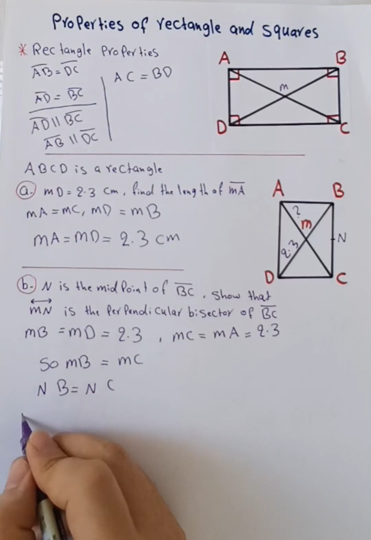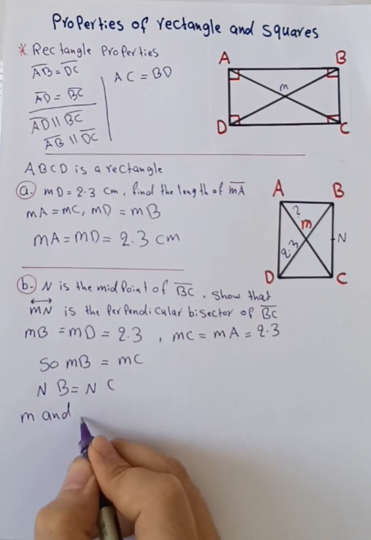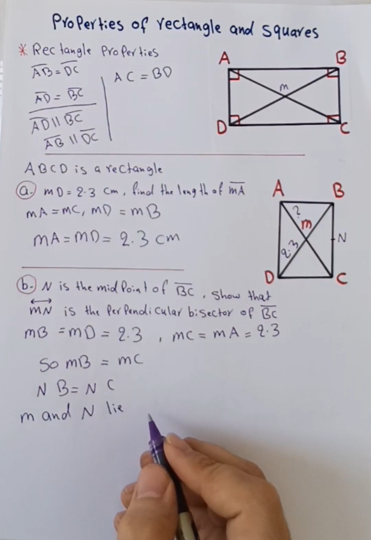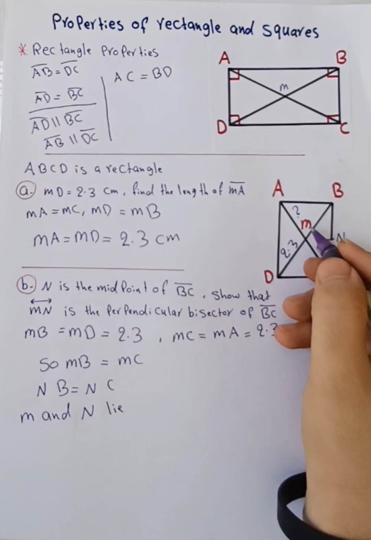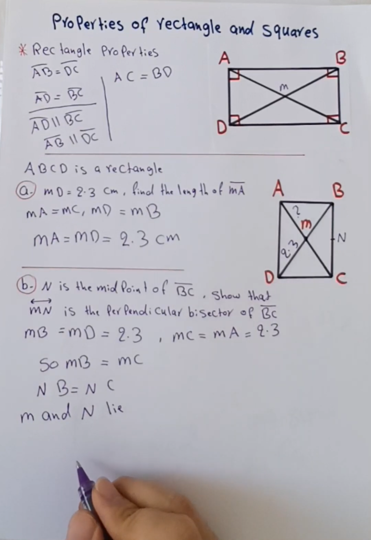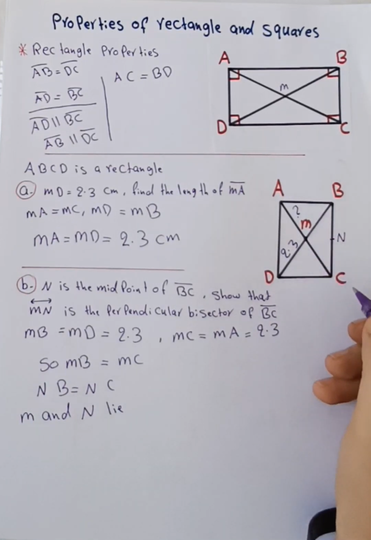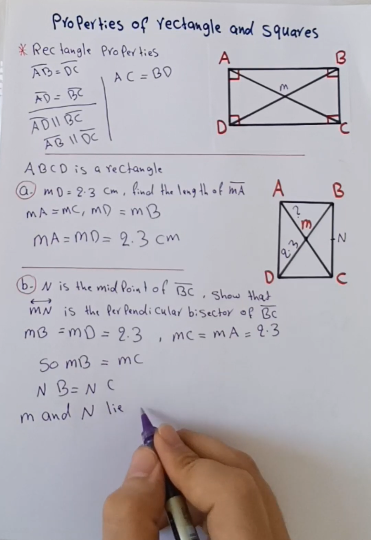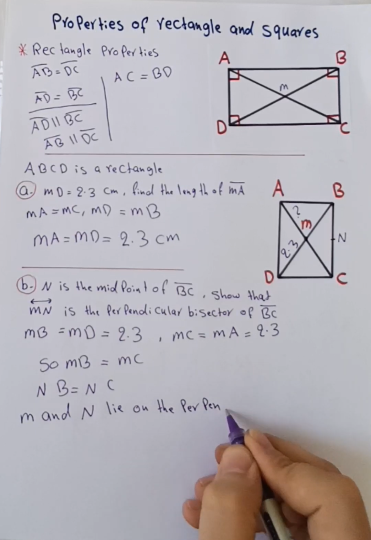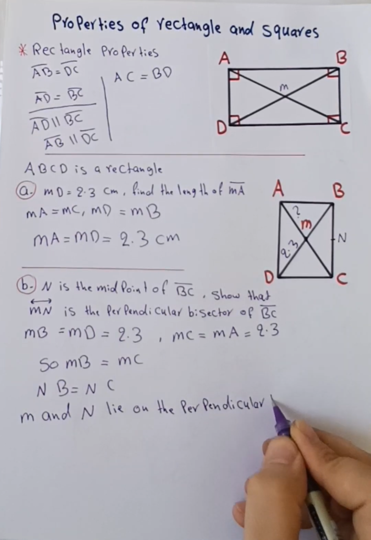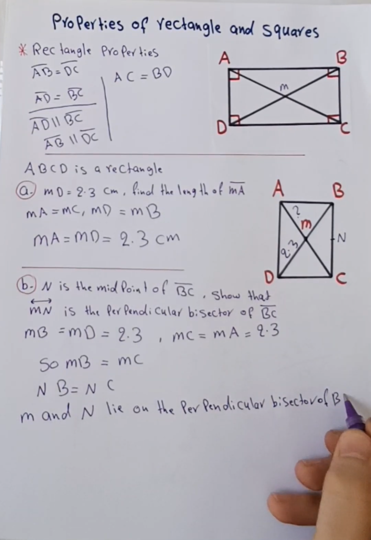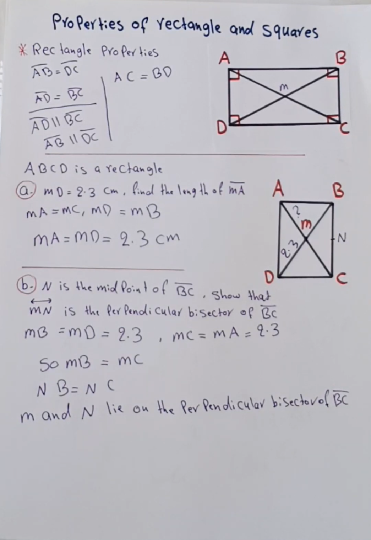M and N lie on the perpendicular bisector of BC, line segment BC.